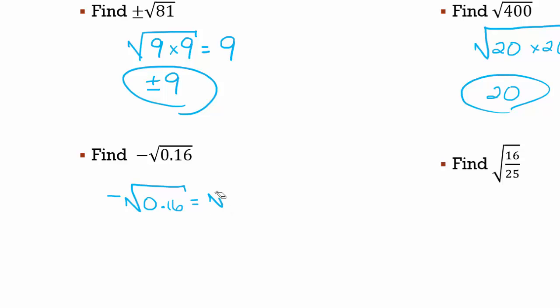Well, this is the negative square root of 4/10 times 4/10. So the negative square root of 0.16, or 16 hundredths, is negative 4/10.